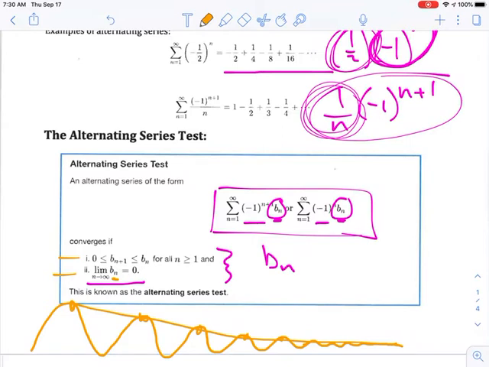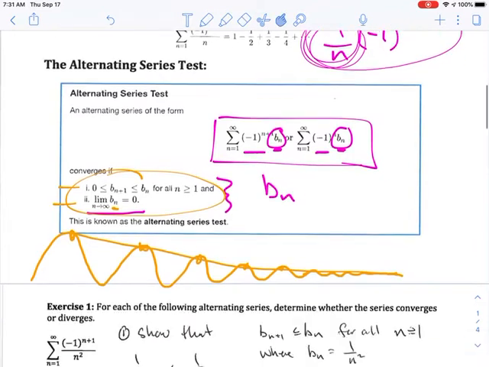The limit is 0. So this is the type of function, if we can show that these two things are true, that will be a converging series by the alternating series test. All right, so let's just do a couple examples.